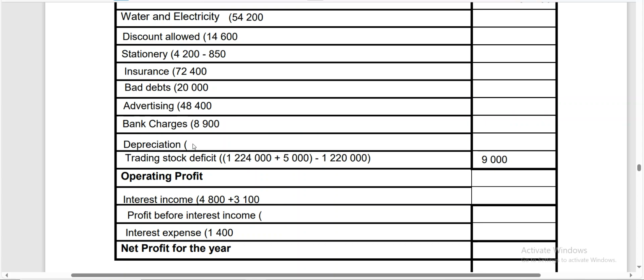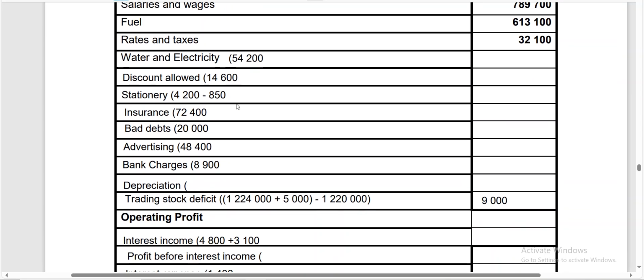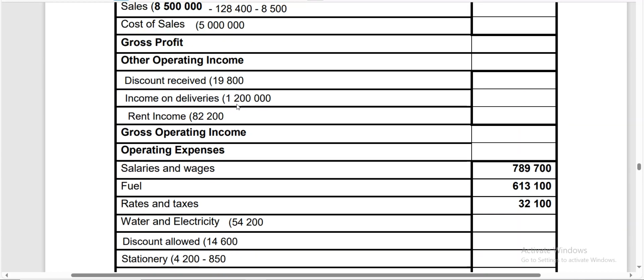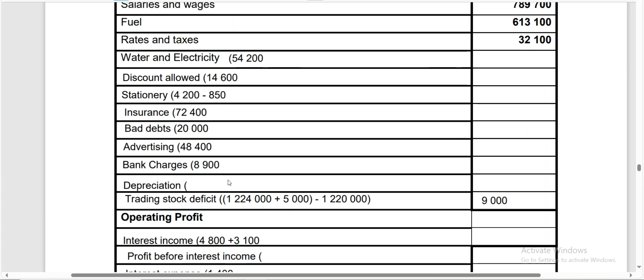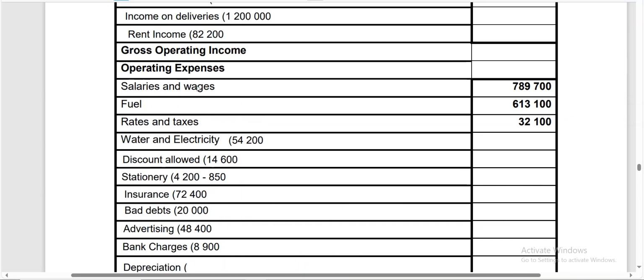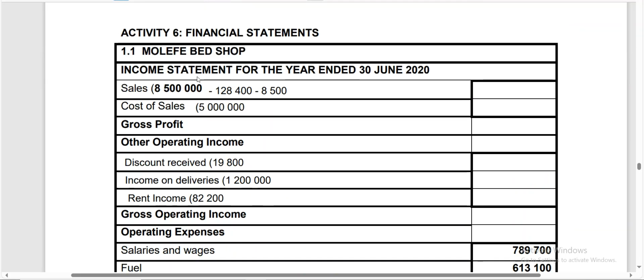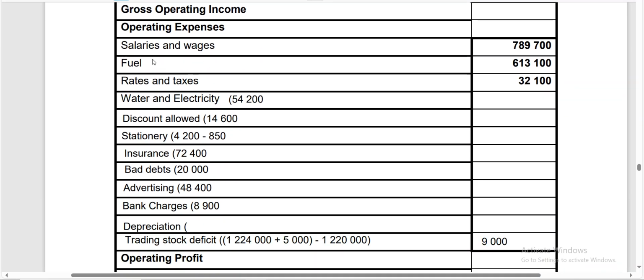So where did I record the depreciation? I don't see where I recorded the depreciation. I just hope I didn't record it somewhere by mistake.